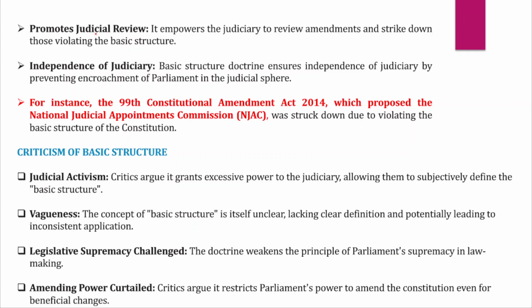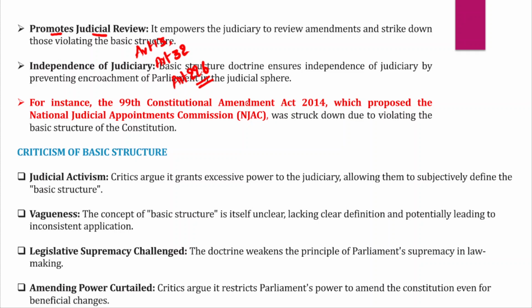And in fact, this basic structure doctrine also plays a very important role when it comes to promoting judicial review. Judicial review has been provided in the Indian Constitution as per Article 13, Article 32 and even Article 226 of the Indian Constitution. Article 32 provides for the writ jurisdiction of the Supreme Court, and Article 226 talks about the writ jurisdiction of the High Courts.